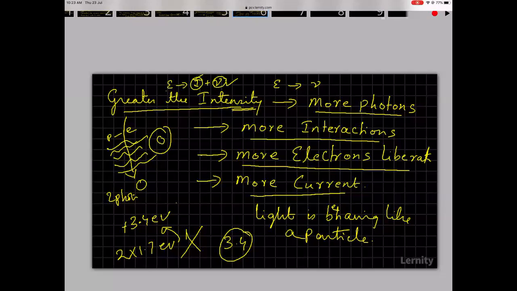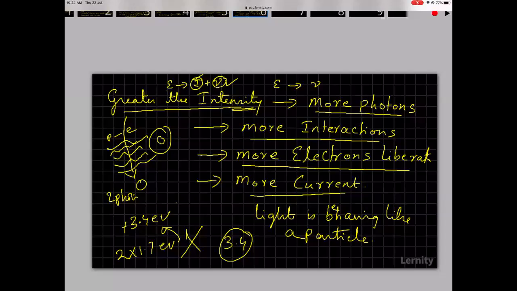Now if light was a wave, just by increasing intensity, the photoelectric effect should have happened, because the electron would have got energy from more waves. But that is not happening. Only when you increase the frequency does it happen. This implies that light consists of particles, and each particle gives its energy fully in one shot.